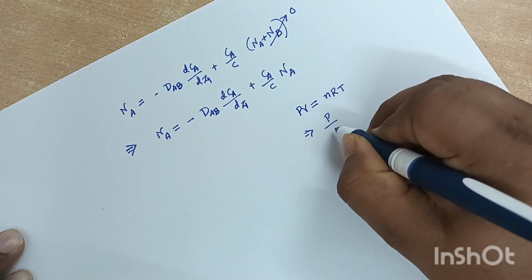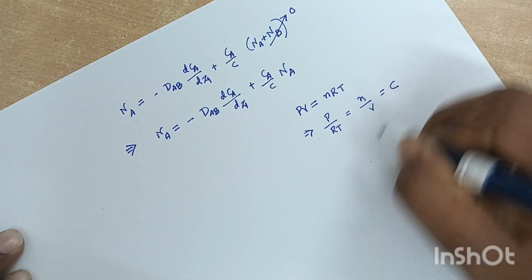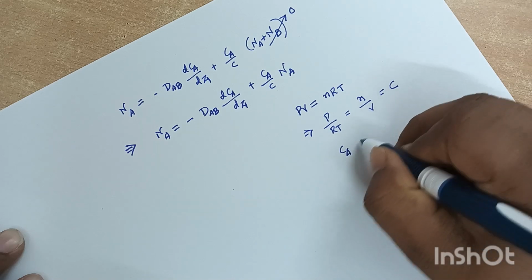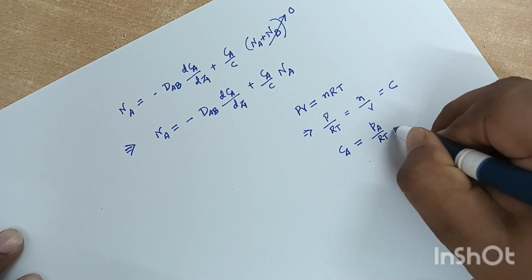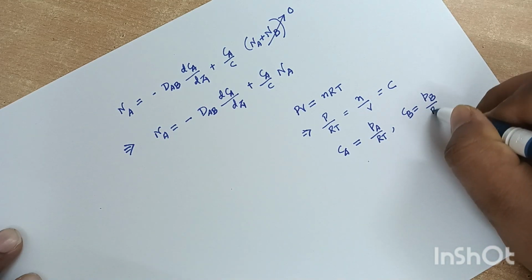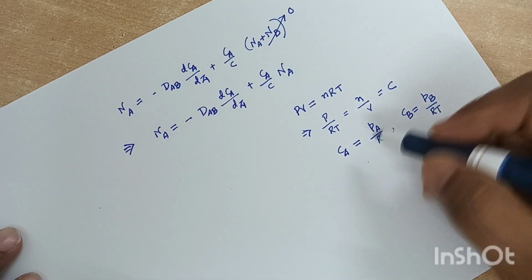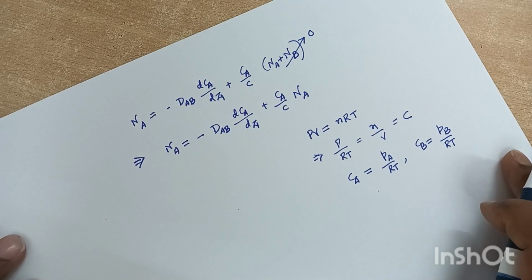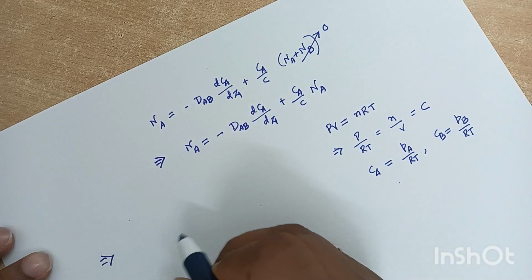So P over RT is equal to n over V, which is basically equal to C. So we can use the term CA is equal to PA over RT, CB is equal to PB over RT. So we can manipulate the expression introducing different terms to bring the equation to a particular form. So we can continue with our derivation.